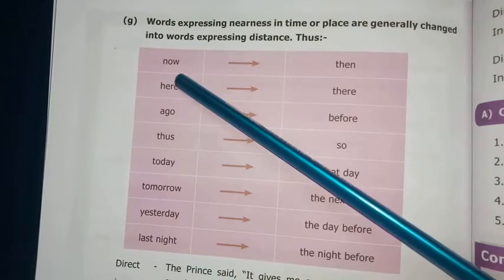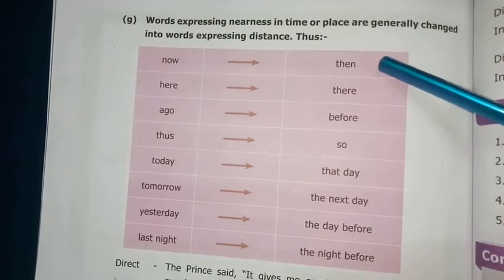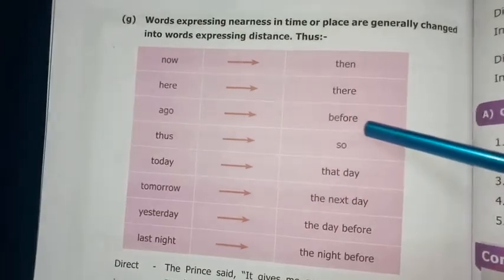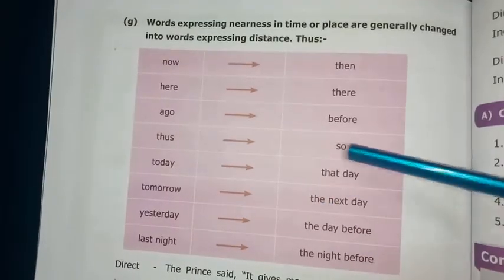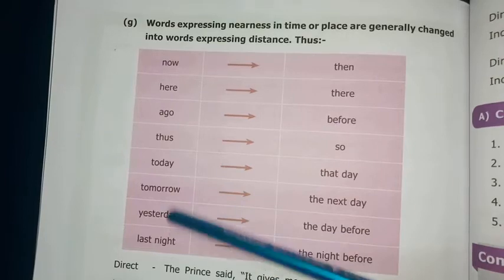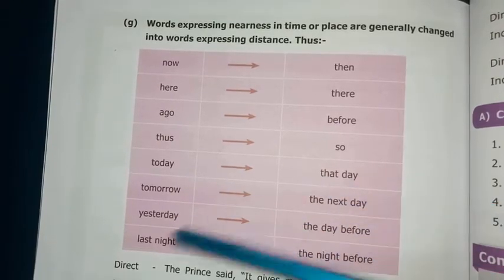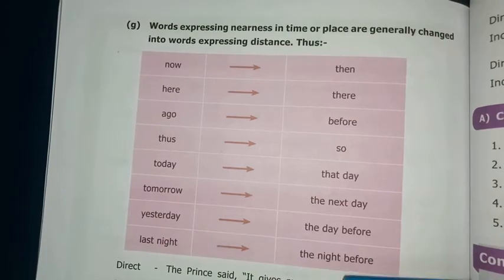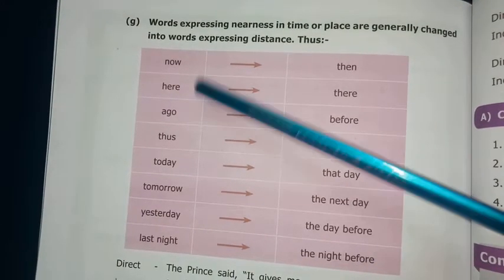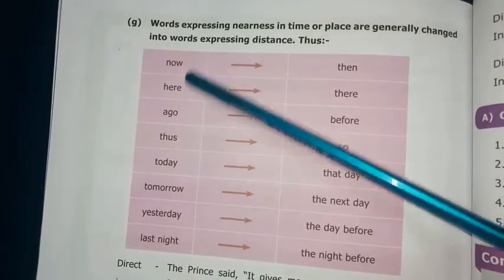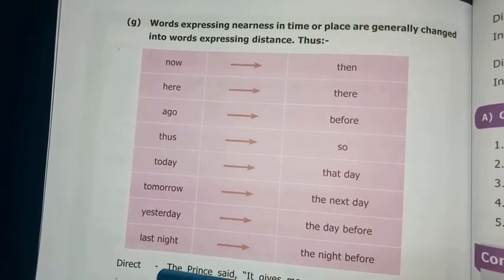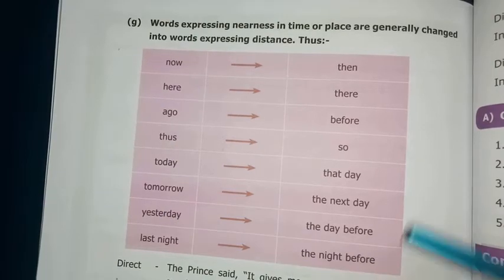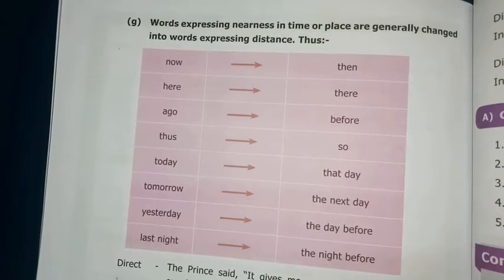For example, now, then; here, there; ago, before; thus, so; today, that day; tomorrow, the next day; yesterday, the day before; last night, the night before. Yes, thus the words which expressed the nearness in time or place are generally changed into words expressing distance.